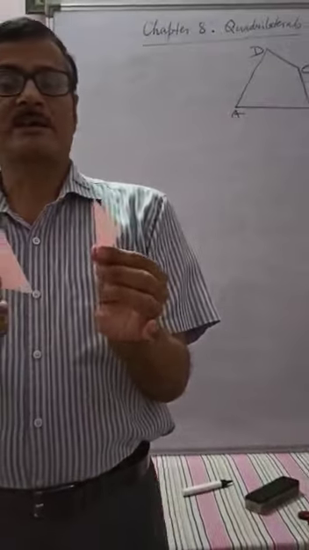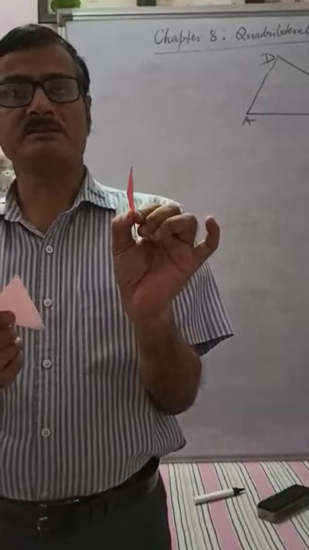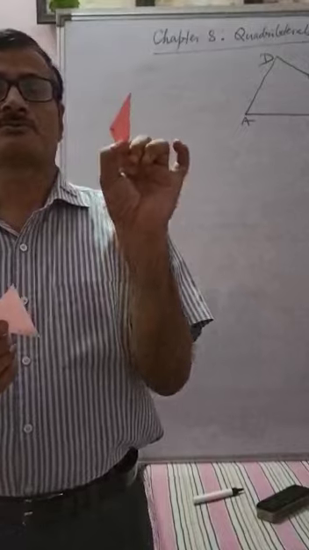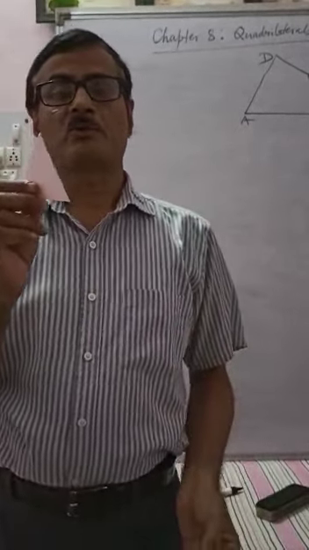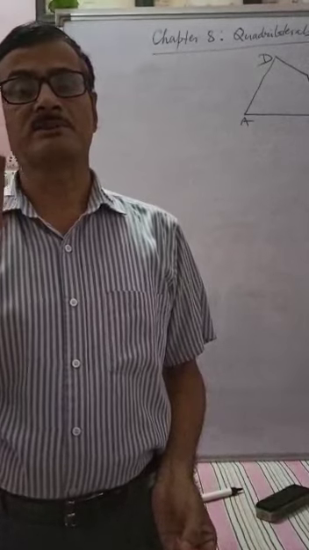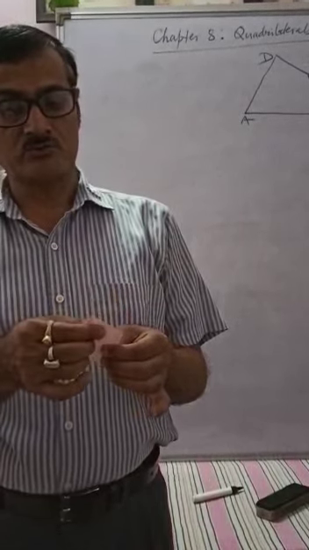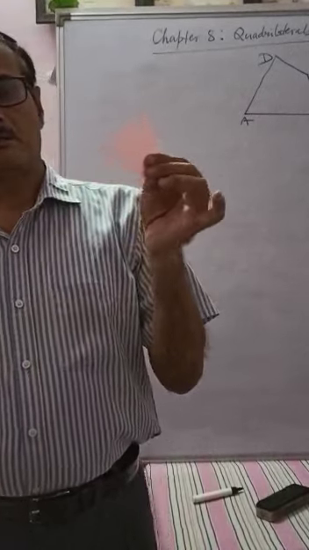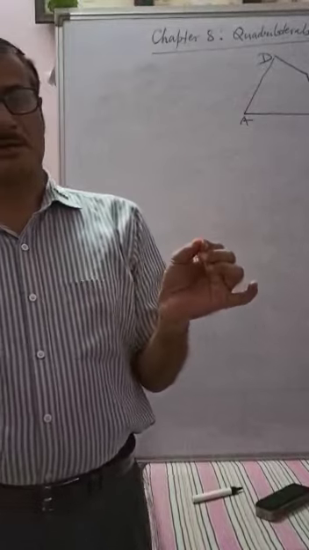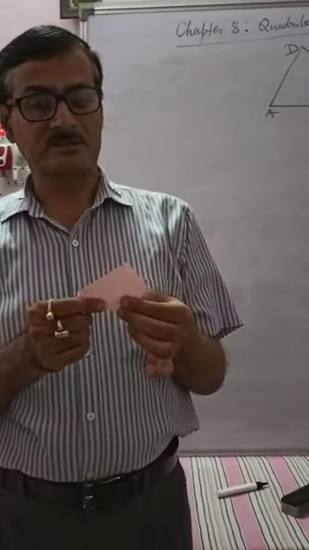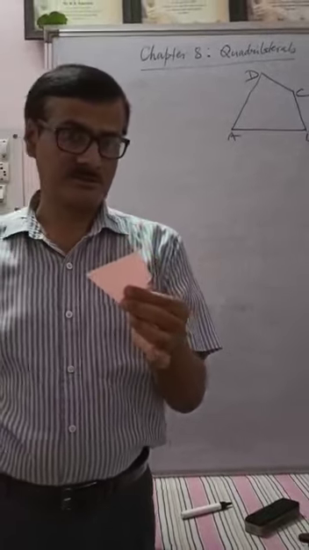Now we know by the angle sum property of a triangle, the sum of the angles of a triangle is 180 degrees. So the sum of the three angles of this triangle is 180 degrees, and the sum of the other three angles of this triangle is also 180 degrees. And then if you join these two triangles together, then this quadrilateral is formed. So 180 degrees plus 180 degrees, that means 360 degrees. So the sum of all the angles of a quadrilateral is 360 degrees.